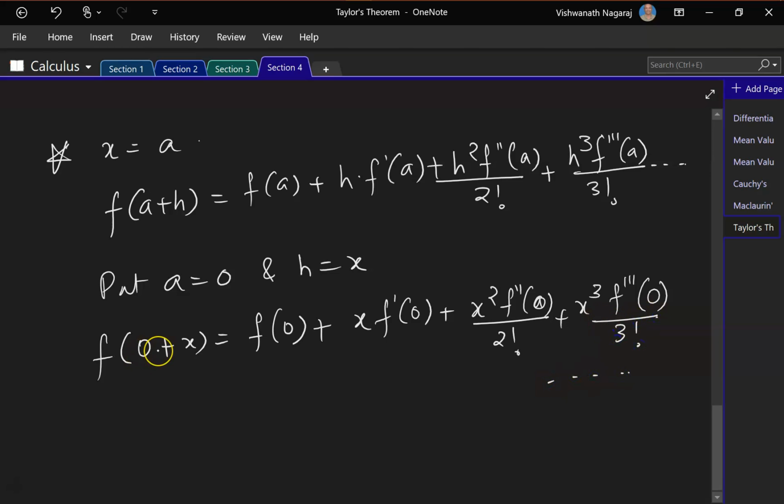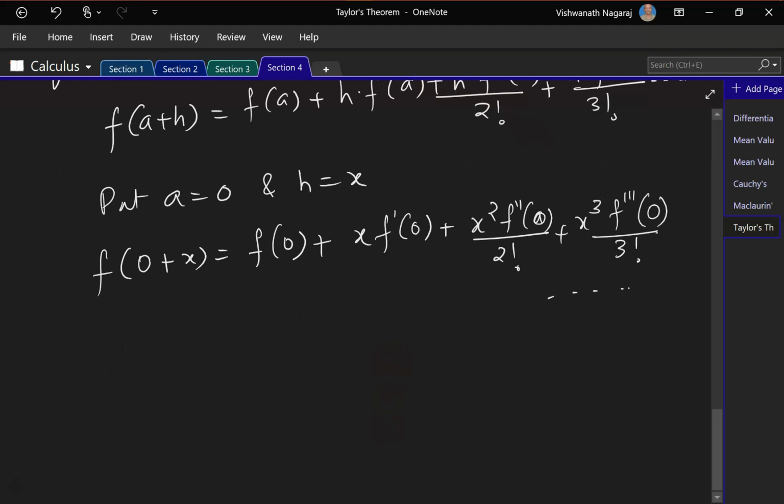So basically the function at x equal to some value. And if you remember from our previous session, this is nothing but Maclaurin's theorem, right?